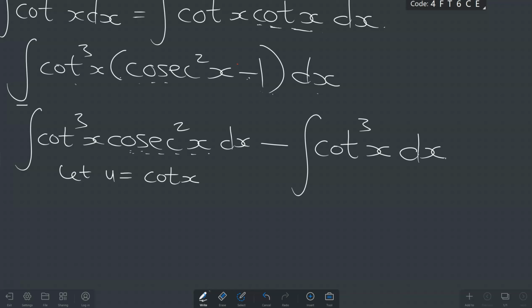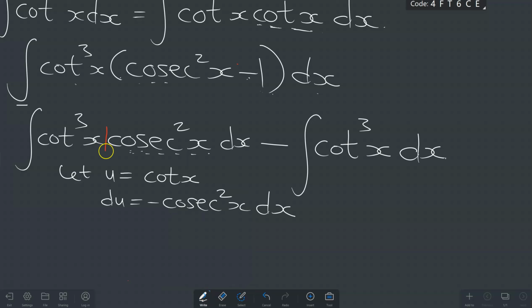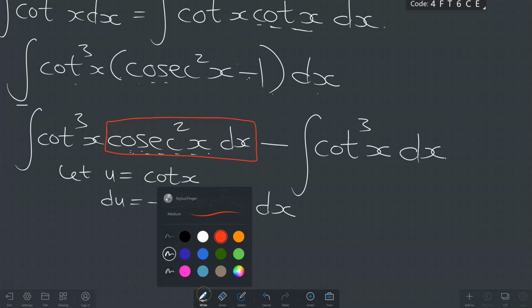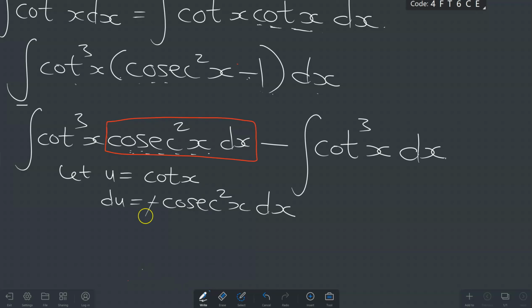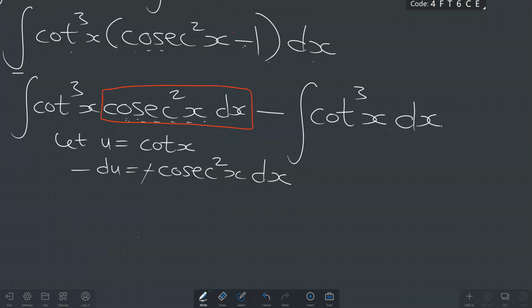We isolate the cosec squared x dx, so we get du equals minus cosec squared of x dx. Since here we already have cosec squared of x dx, we want to make a substitution for that. We'll get rid of the negative sign and put it on that side. We now have all our terms for the substitution for this part.